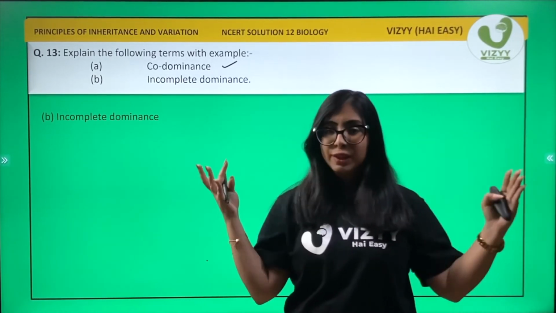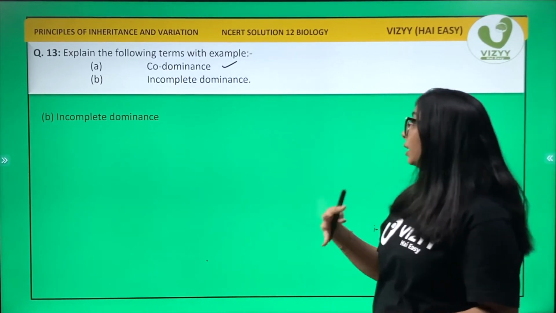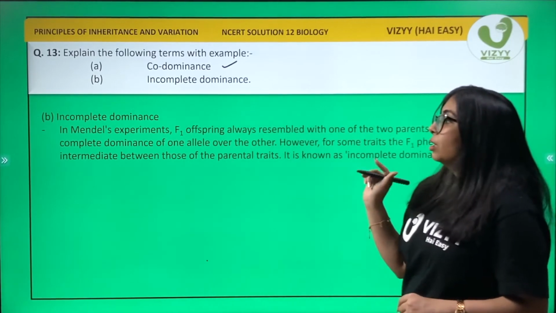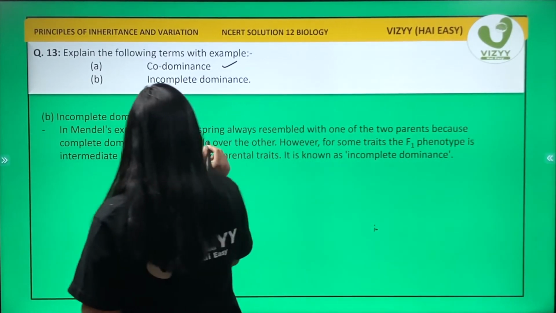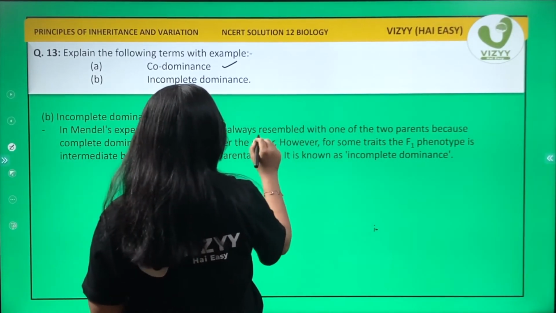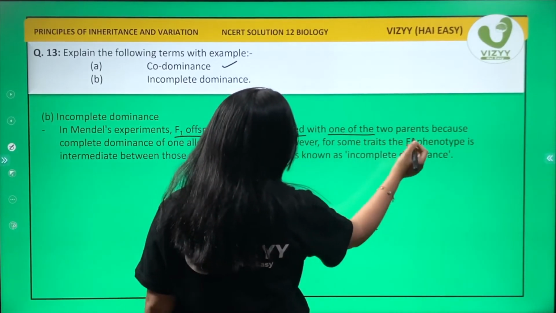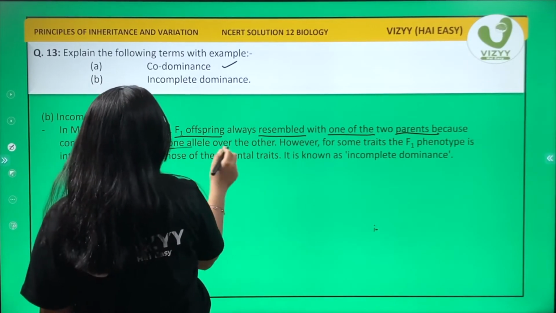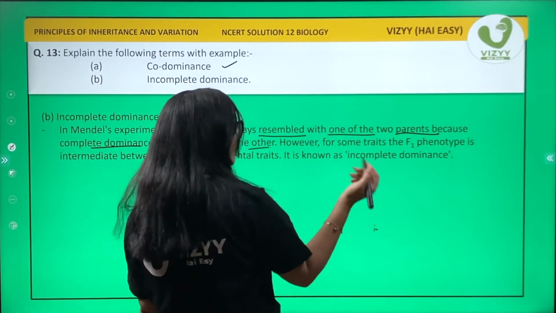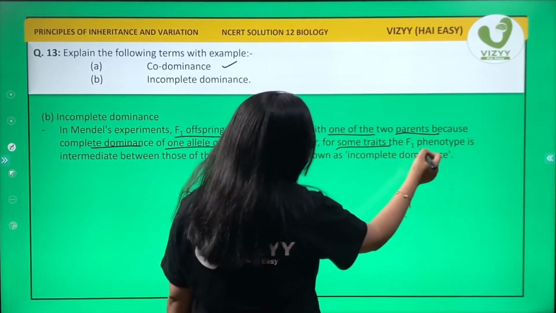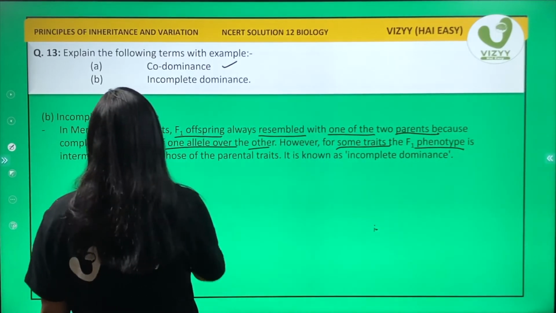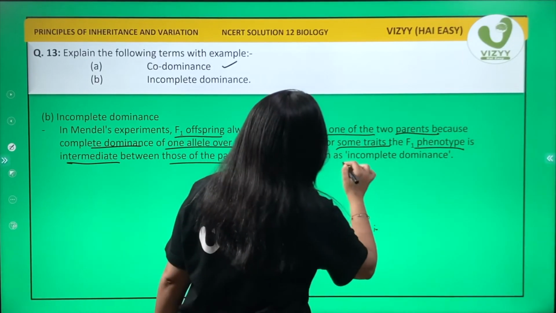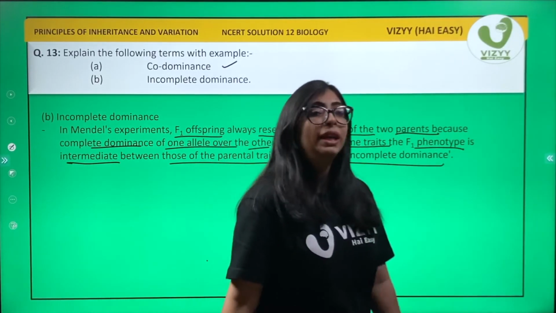So the first filial generations were all pink, and let's write this in words. So in Mendel's experiment, F1 offspring always resemble one of the two parents because of complete dominance of one allele over the other. However, some traits of the F1 phenotype are intermediate between those of the parental traits, and thus it is known as incomplete dominance.